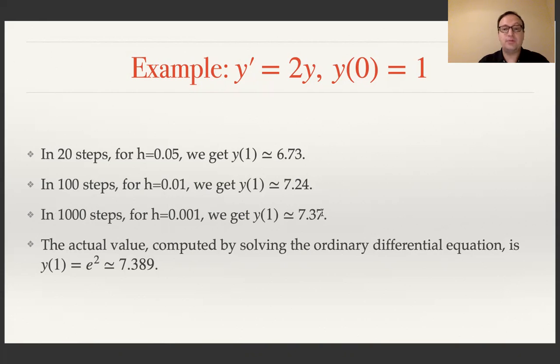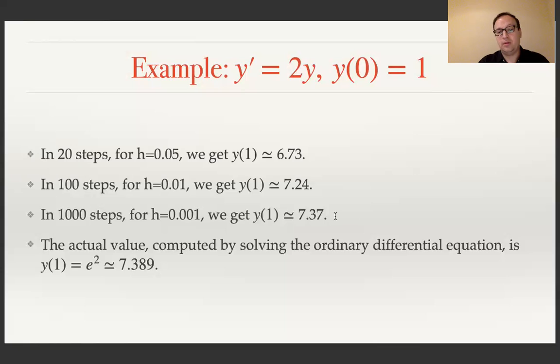So it turns out that the more steps we use, the better and more accurate value we get, but of course, this requires more computational time and more computing resources. And the actual value is y of 1 equals e squared, which is approximately 7.389.